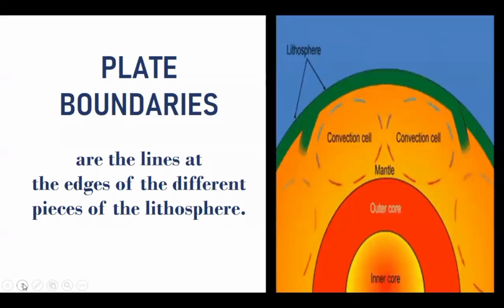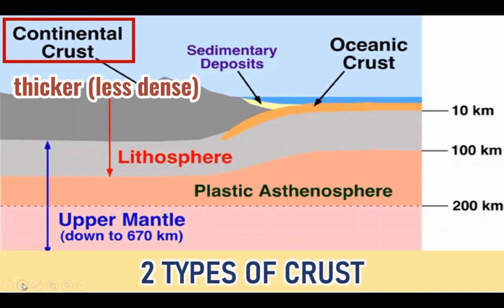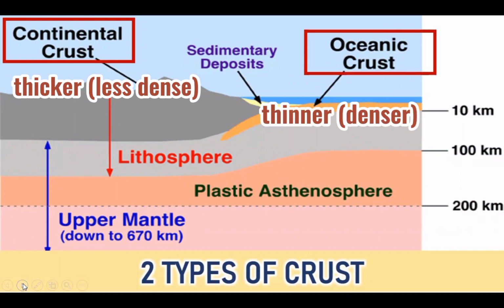Plate boundaries are the lines at the edges of the different pieces of the lithosphere. And lithospheric plates are moving due to the convection current in the Earth's interior. There are 2 types of crust. The continental crust, which is thicker but less dense, and the oceanic crust, which is thinner and denser.